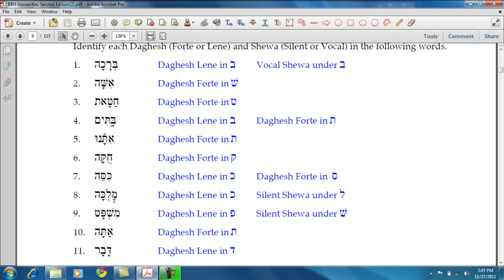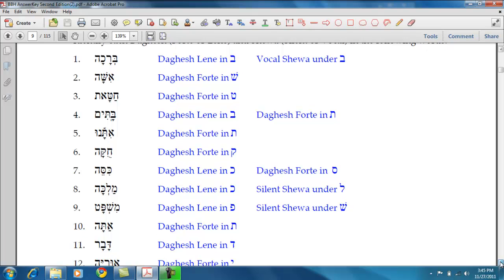Just like malcha, kaf was the lene and the shva was non-vocal because it's following a short vowel here too. And we've got ata. Ata is a dagesh forte in the tav. It's a begadkefat letter, but it is following a vocal vowel. So that's the reason why.